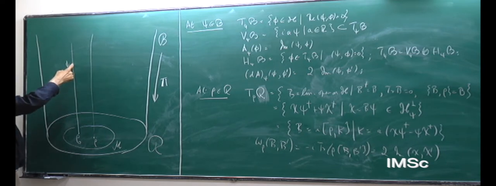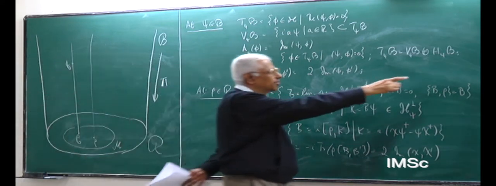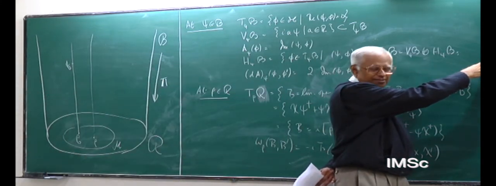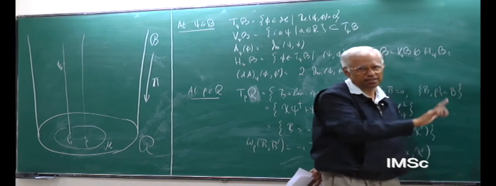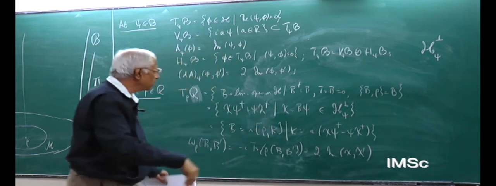What portion of the ray space is not covered by this neighborhood? All those which come from vectors orthogonal to psi 0. Those you are leaving out. So this is a local description. It's a description of a part of the ray space.